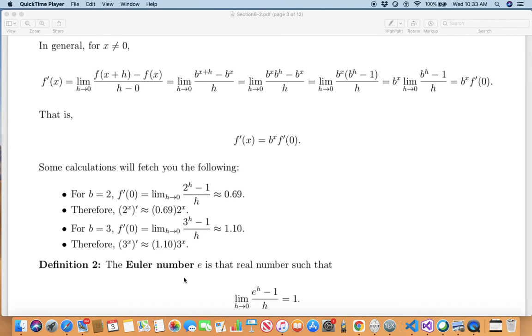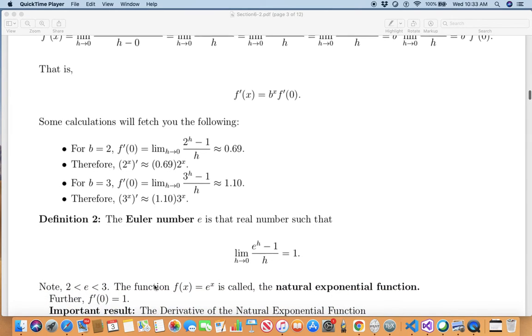Either way, the definition: the Euler number e is that real number such that the limit as h approaches 0 of (e to the power h minus 1) over h is 1. This, by the way, is the derivative of the exponential base e at 0, which is 1.